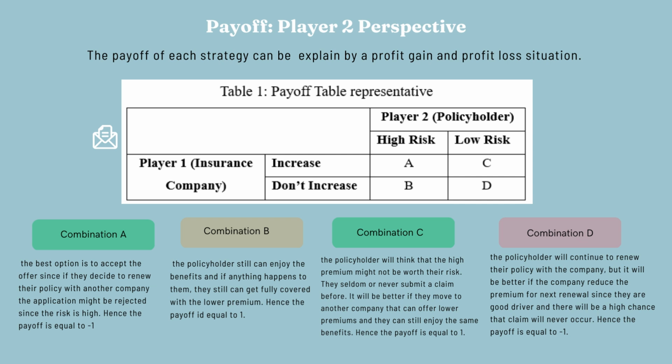There's also NCD, which is common, but they want to see reductions in premium when they are a low risk customer, because when they are a good driver, claims are not going to occur highly. Hence, because they are not happy, the payoff is going to be equal to -1 for this combination.